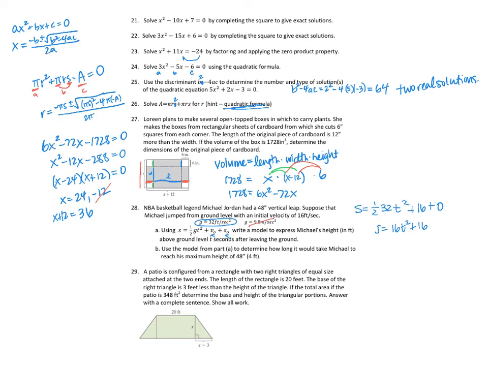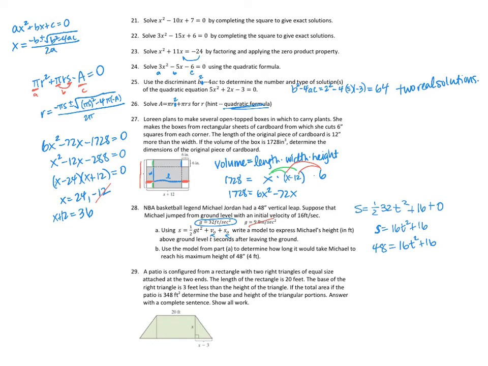Then use the model to determine how long it would take Michael to reach his maximum height of 48 inches. So that 48 inches is the S there. So we could do 48 is equal to 16 t squared plus 16, and I can solve that for t squared.